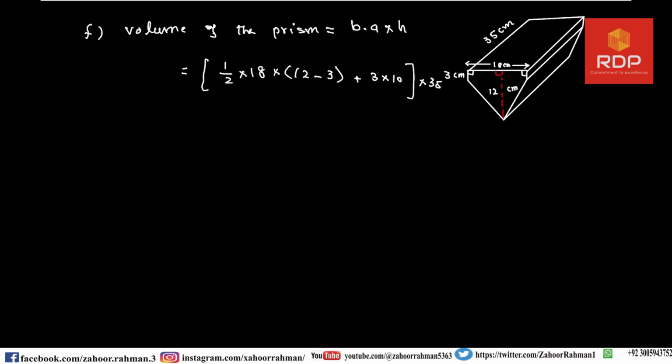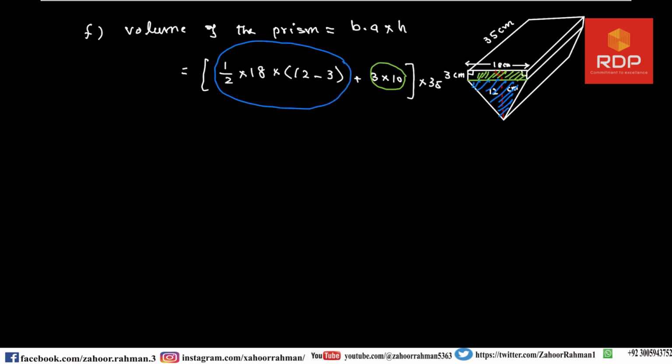Let us discuss how. I am dividing this base into two areas. One is this green area, and I am encircling this green area. Now the next one I am shading with the blue line, and that is the area of the triangle.